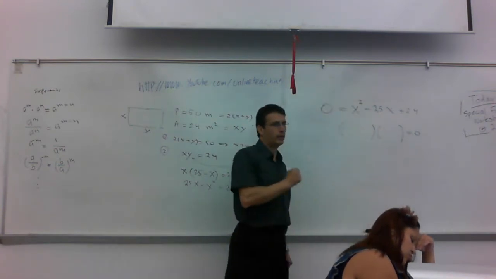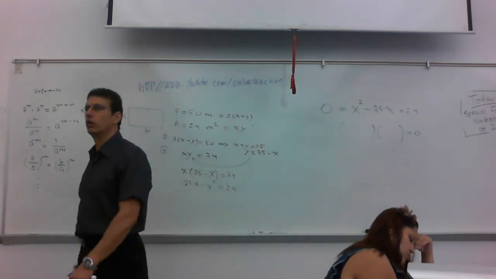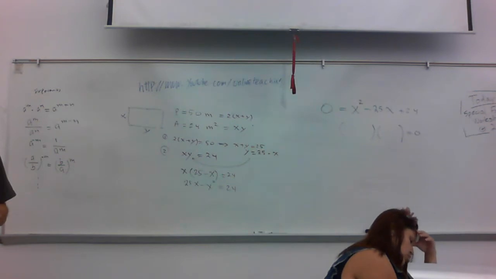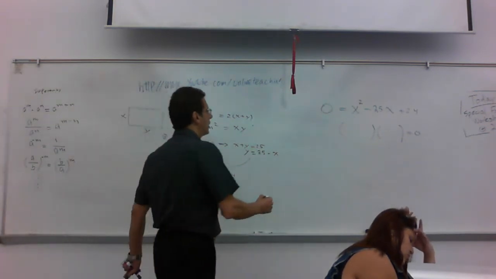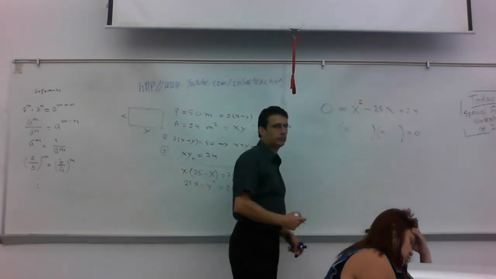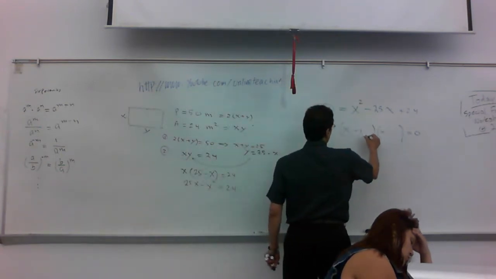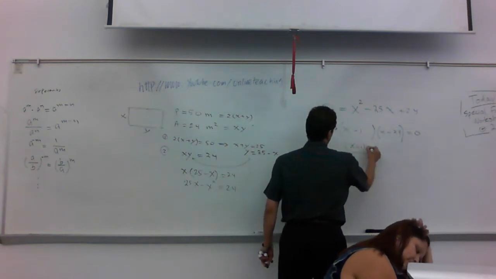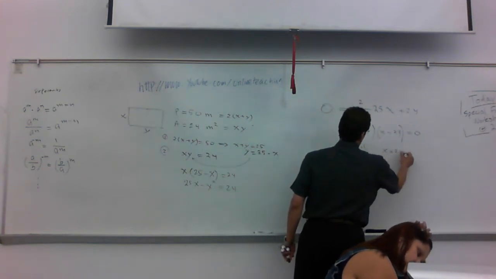We want two numbers. The product is 24. Excuse me. The sum is negative 25. Anything will do the job, class? Negative 1 and negative 24. So x is either 1 or 24.